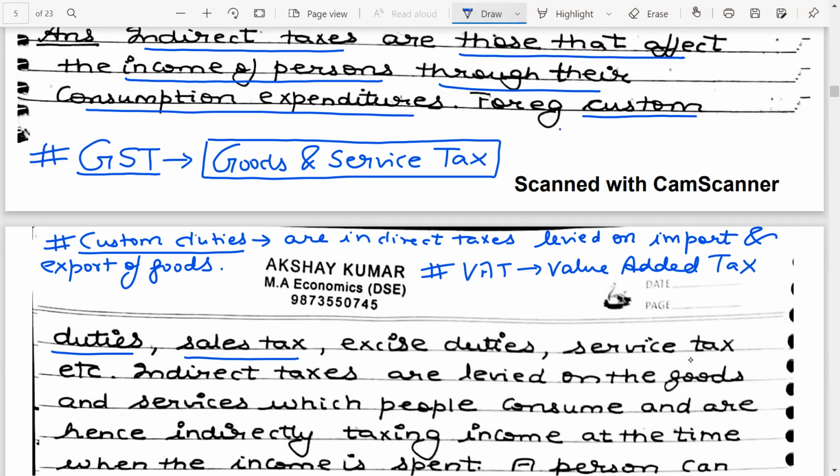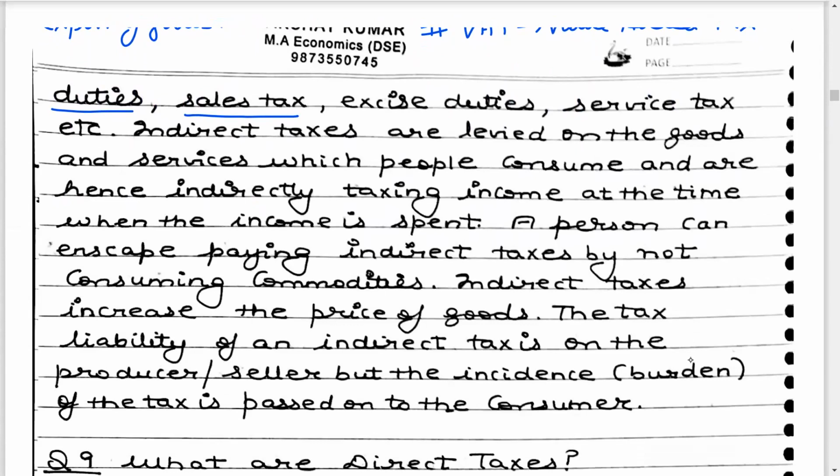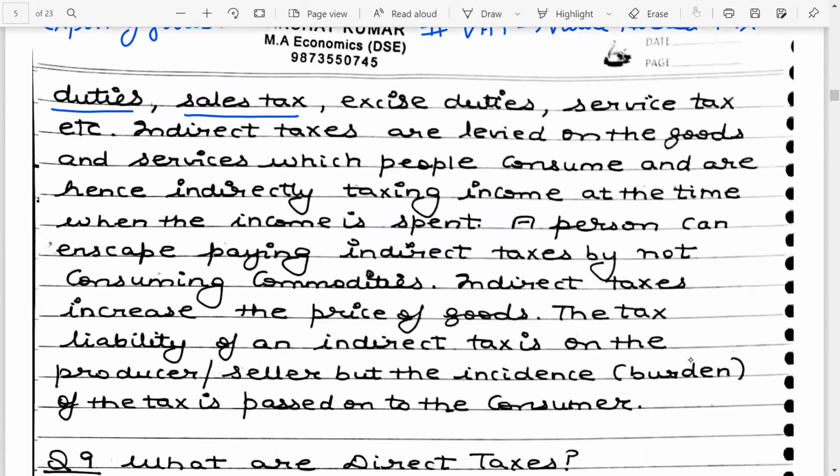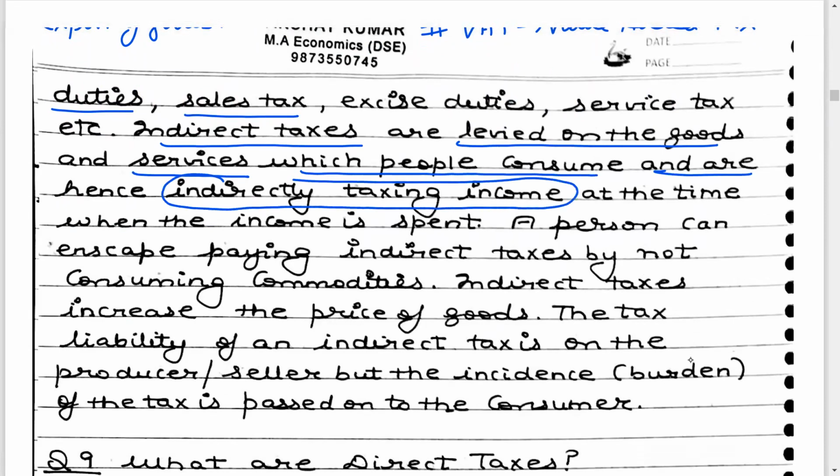So if we come to this line, this is a very important line. You can clearly see that indirect taxes are levied on the goods and services which people consume and are hence indirectly taxing the income at the time when the income is spent.